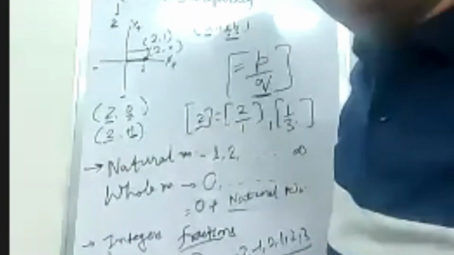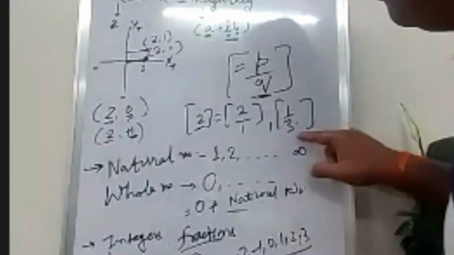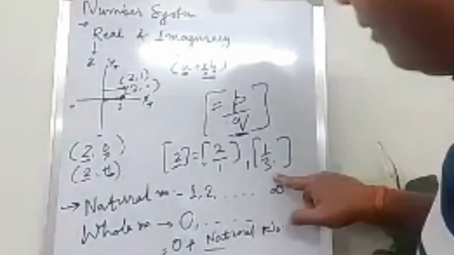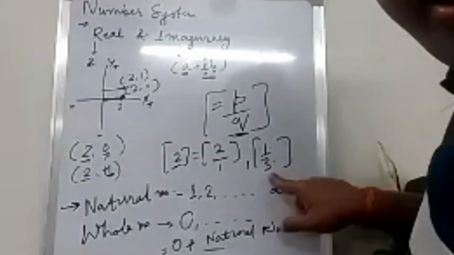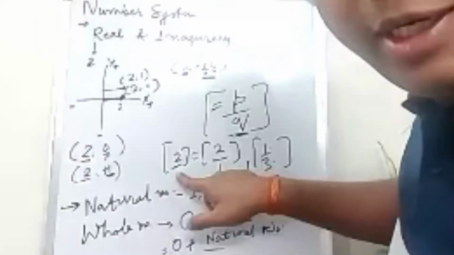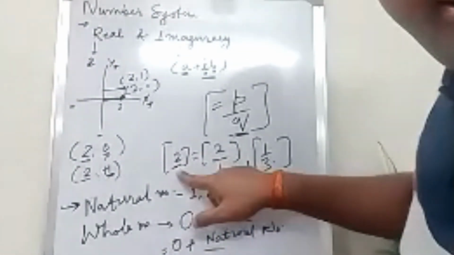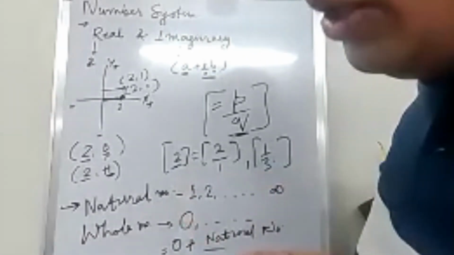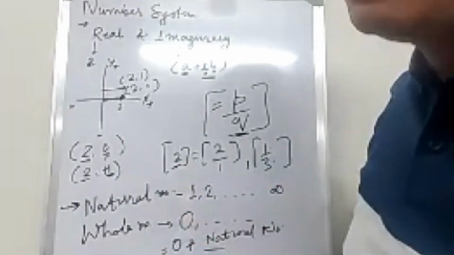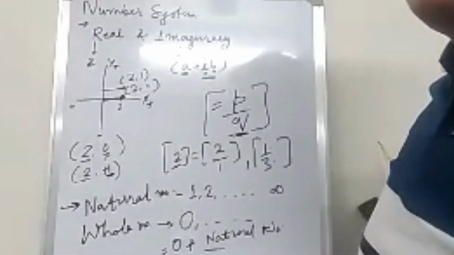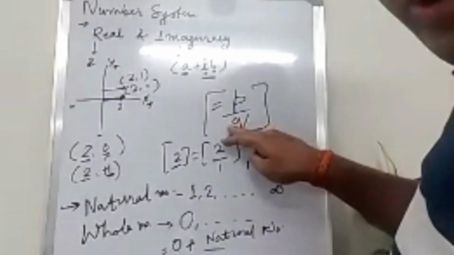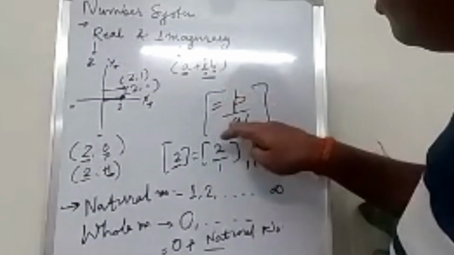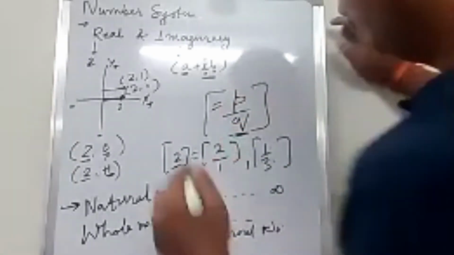Not completely divisible. Which is why we call it a fraction. When they are completely divisible, then it becomes an integer. 4, 5, 6, 7, all are integers because they are completely divisible by 1, or because you will have Q as 1 in those numbers.